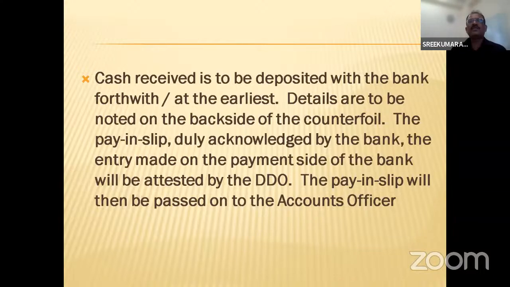So the pay-in slip form will be there. Along with that, this bank pay-in slip will also have to be given to the accounts officer, who will again take this into his main cash book. This is the way in which the DDO receives the cash, deposits this amount with the bank, and its details are sent to the accounts officer. Hope it is clear.